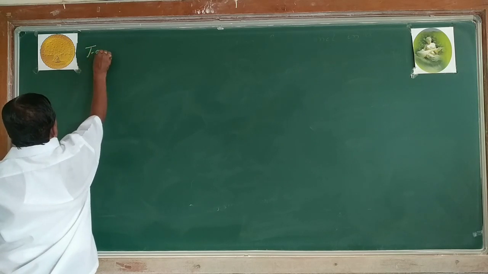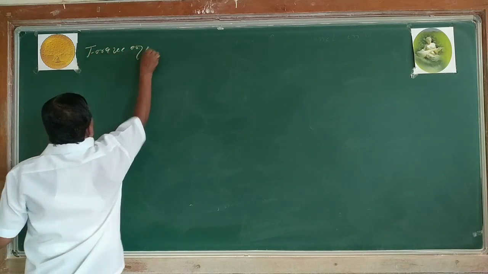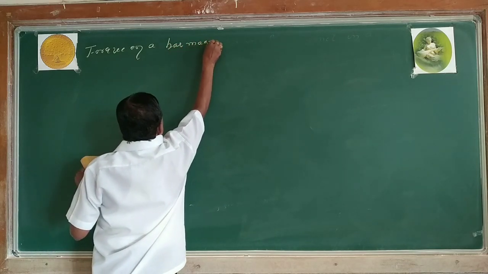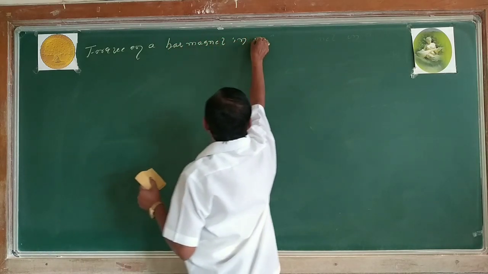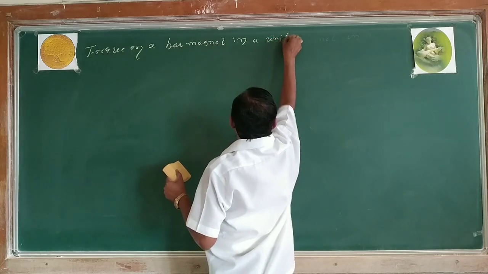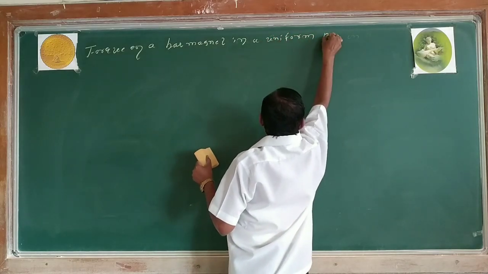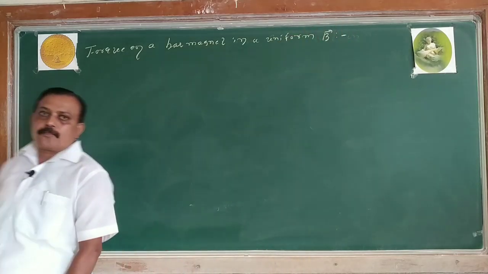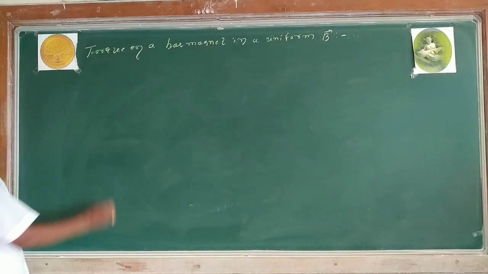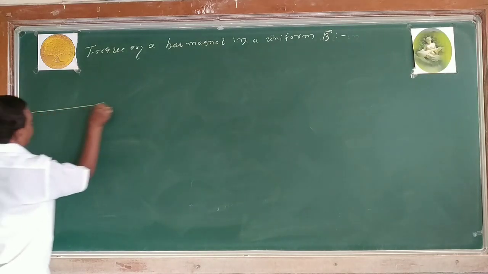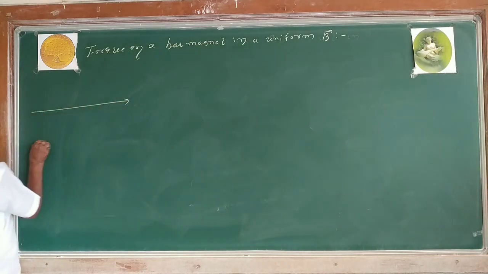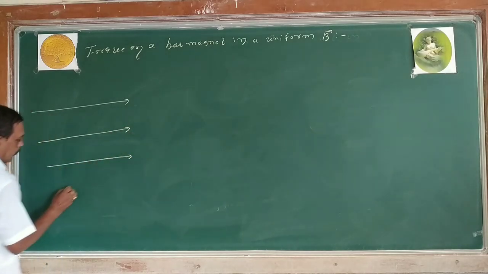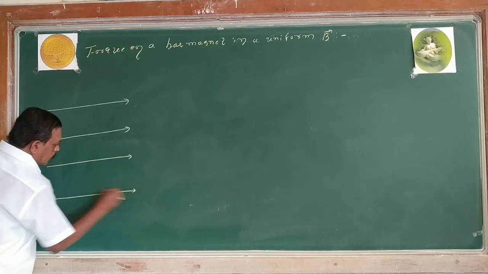Torque on a bar magnet in a uniform magnetic field. I take the uniform magnetic field, the set of magnetic lines of force which are parallel, equispaced, and in the same direction. Now this is the uniform magnetic field.